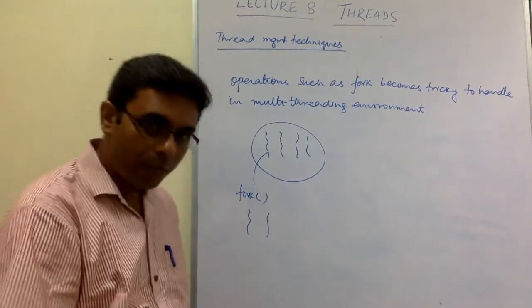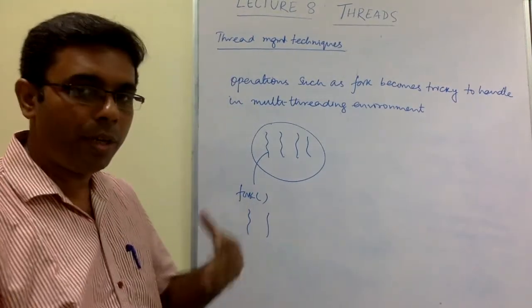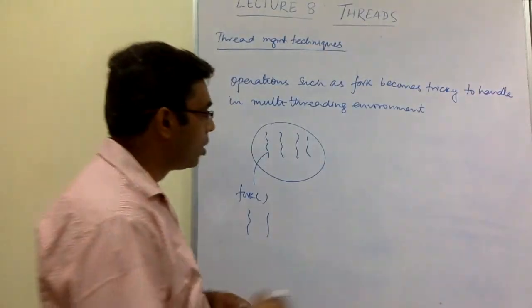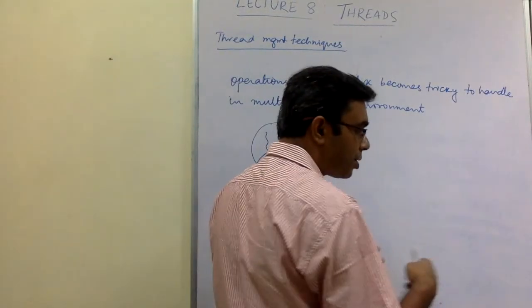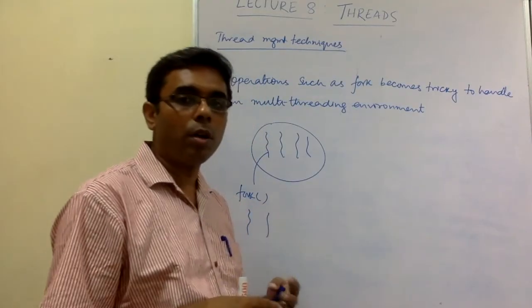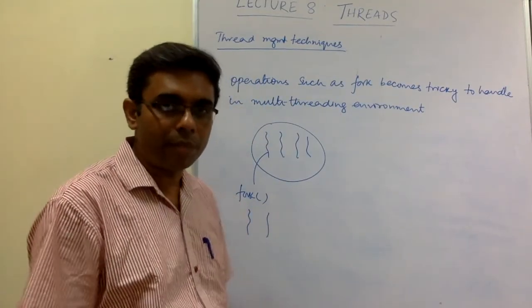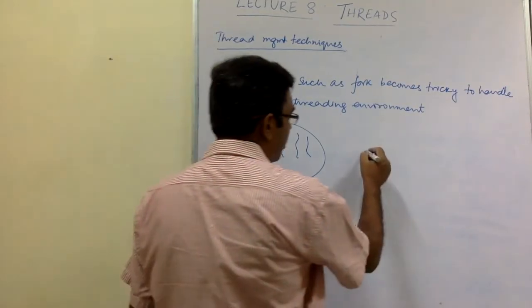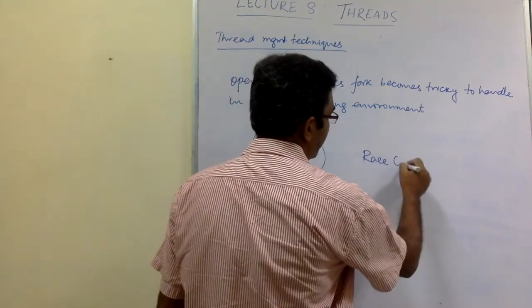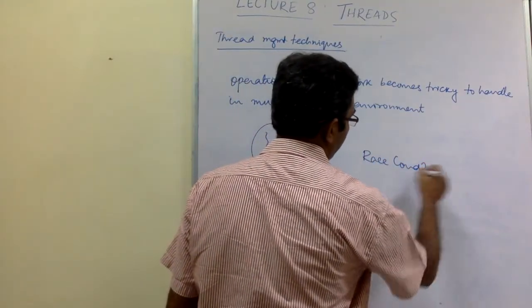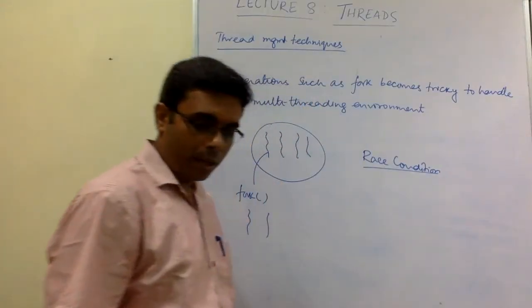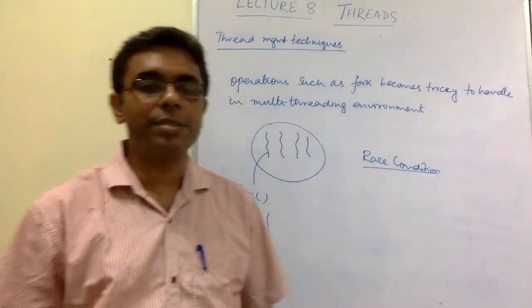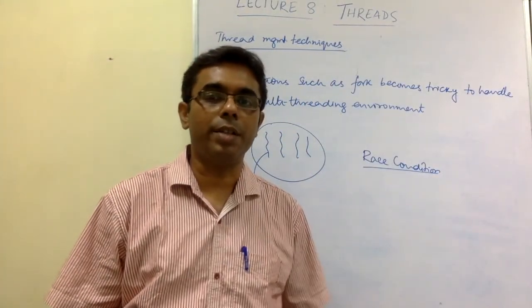The second problem that we'll be talking about, maybe in the next lecture, is when multiple threads happen to interact among themselves, a problem that comes up often is called a race condition. This is a problem when multiple threads try to access shared data or a data structure.